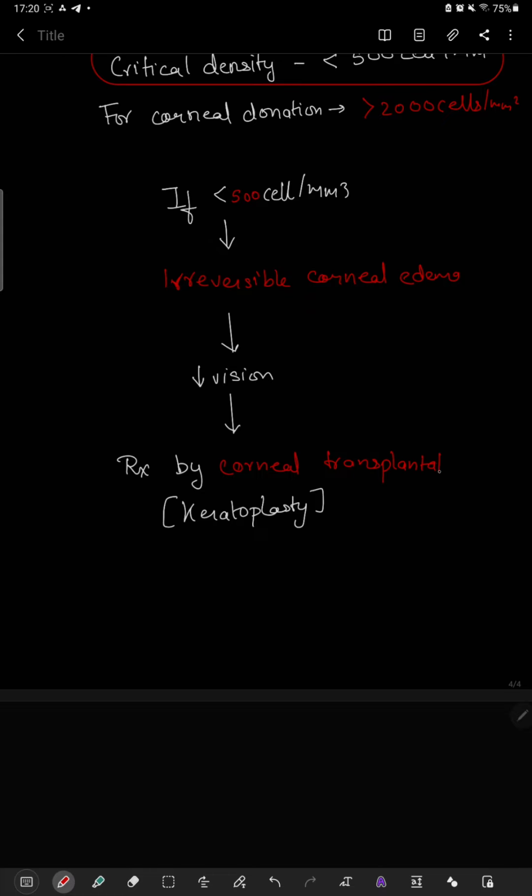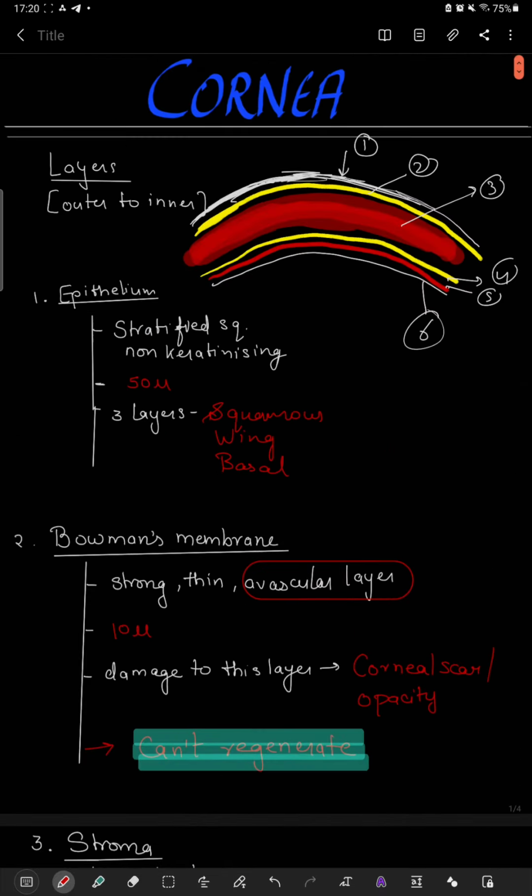Now there are certain factors that may lead to rejection of the graft in case of corneal transplantation despite its avascularity, but we will talk about it in a further video. Right now we have learnt about the layers from outer to inner. The outermost layer is epithelium, then we have Bowman's layer, then the thickest stroma, then pre-Descemet's or Dua's layer, then Descemet's layer, and then the innermost is endothelium.